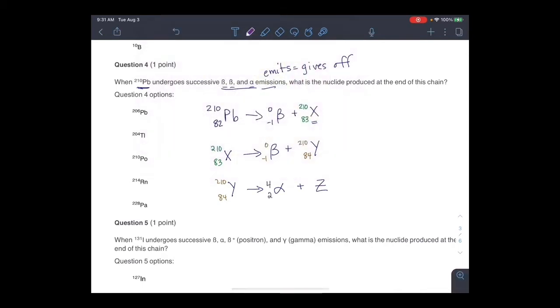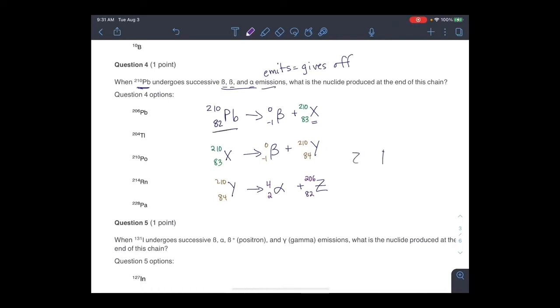An alpha particle is a 4 and a 2 because I've looked it up. A little bit more complicated math, but not too bad. Let me do the bottom first because that's easy. Now I'm at an 82 on the bottom. And 210 minus 4 is 206. Make sure my math is right. Now I could go look up 82, but we saw him right up here.